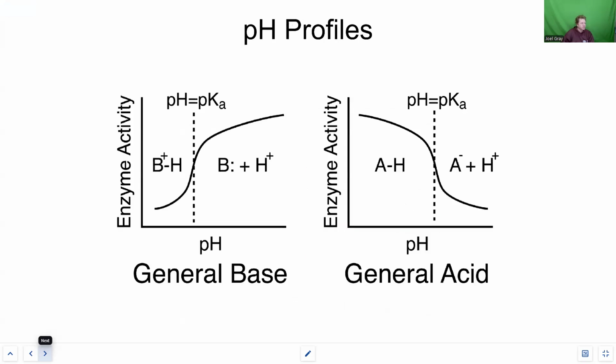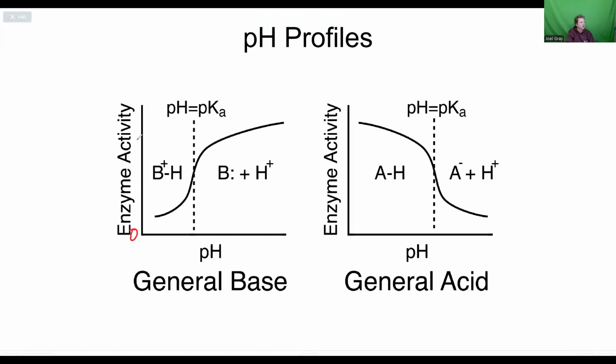Now, with that in mind, this is a graph that shows enzyme activity on our y-axis and pH on our x-axis. The enzyme activity on the y-axis goes from basically 0 to infinity, looking at the left-hand side; I'll call that 100 maximum. And the x-axis goes from 1 to 14.